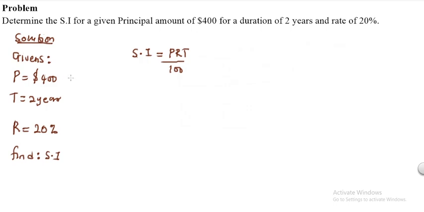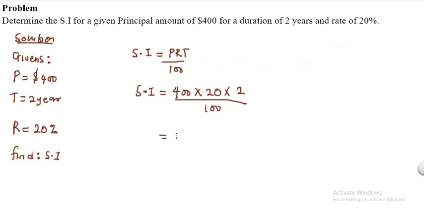What will simply happen here is I'll plug every value I have into this formula, so that the simple interest is equal to P, which is 400, times the rate, which is 20, times the time, which is 2, divided by 100.